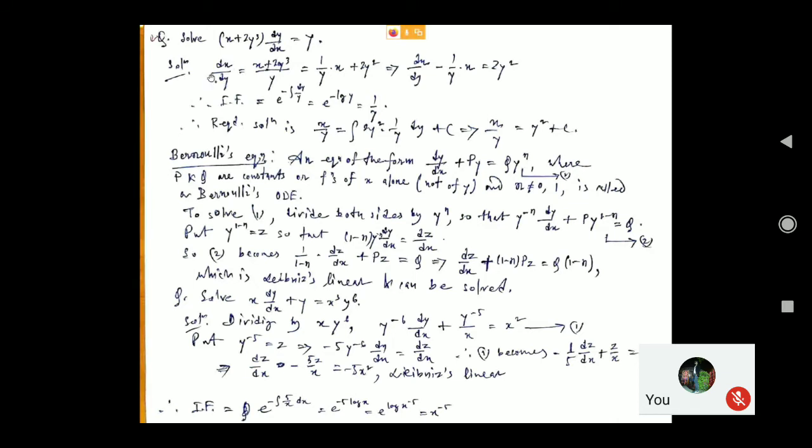Here it will be a Leibniz linear equation where we consider x as the dependent variable and y as the independent variable. If we write dy/dx, then it becomes y divided by this, which we cannot put into Leibniz's linear form.